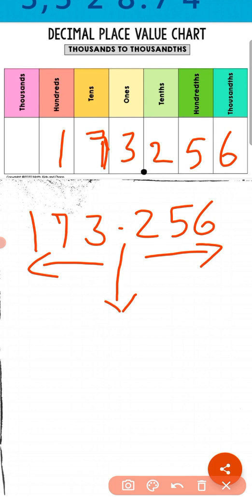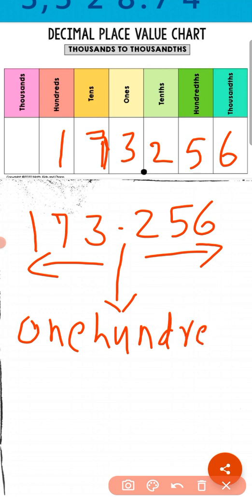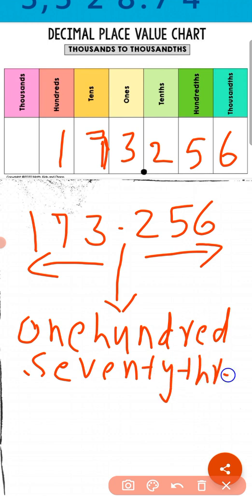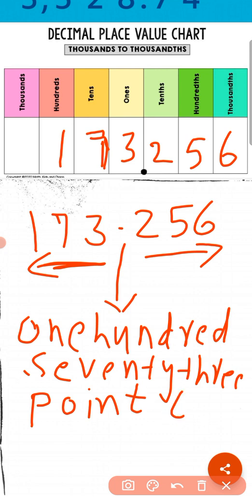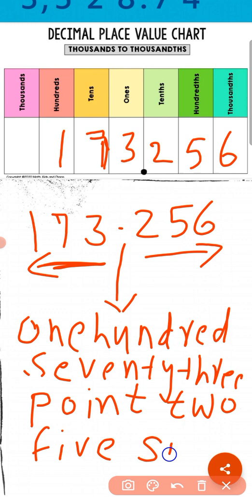Read it as 173, that is these digits, then the decimal point, point 2 5 6. 173.256.